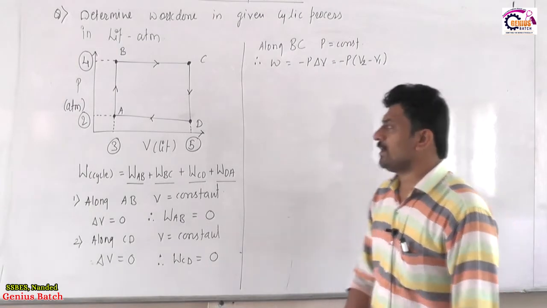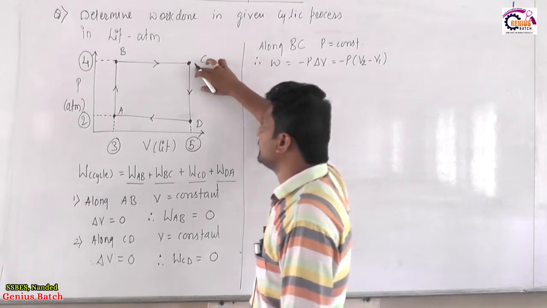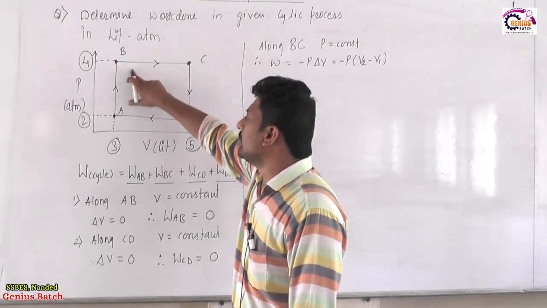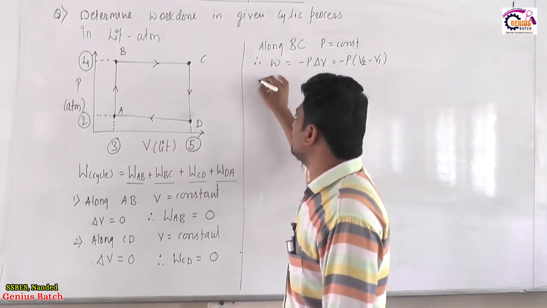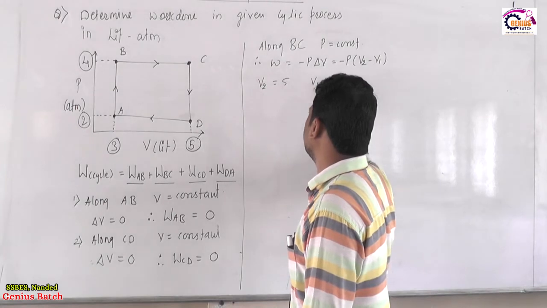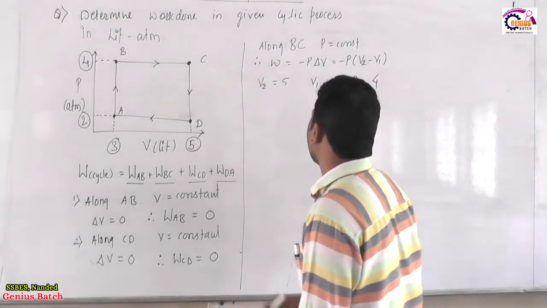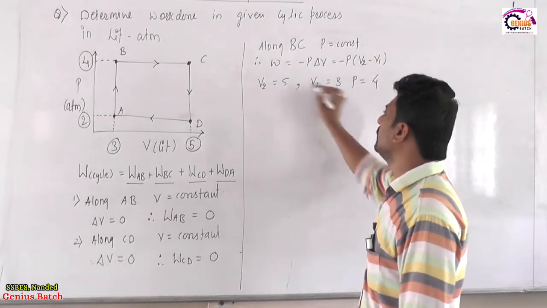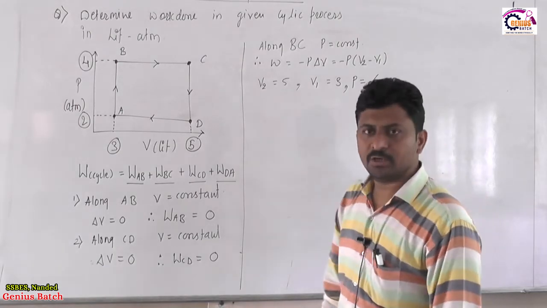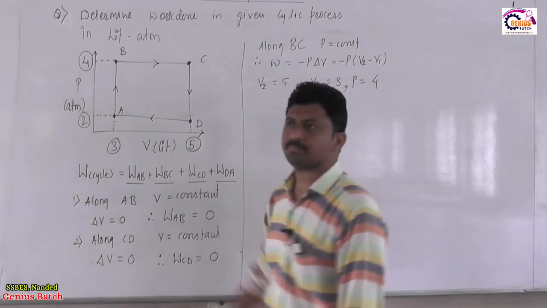Now V2 is the final volume, meaning the volume for BC at the final stage, at point C, which is 5. V1 is 3. So V2 is 5, V1 is 3, and constant pressure P is 4. We have three values for step BC: final volume, initial volume and magnitude of constant pressure.